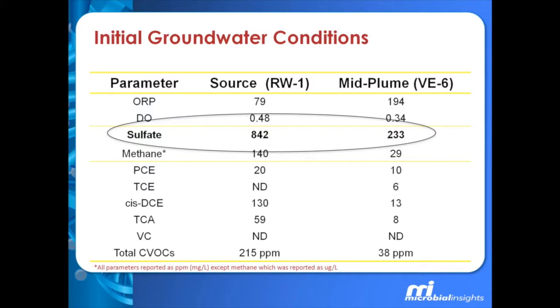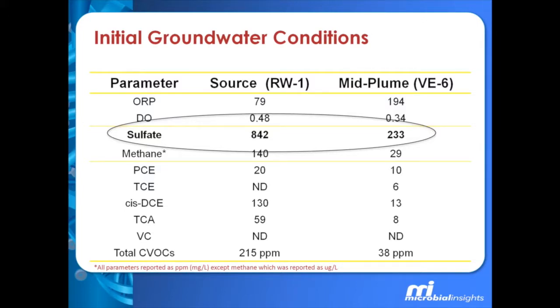And we know that to deploy an electron donor at a plume impacted by chlorinated hydrocarbons where the sulfate concentration is elevated, we run the risk of stimulating sulfate-reducing bacteria, which will not only produce hydrogen sulfide, potentially inhibitory to the organisms in the aquifer, but also the SRB, as they're stimulated by the electron donor, are going to be competing for that electron donor with the organisms we'd like to stimulate, which is Dehalococcoides.